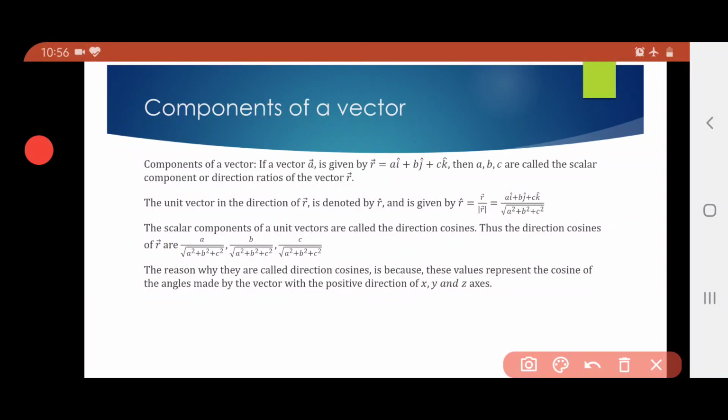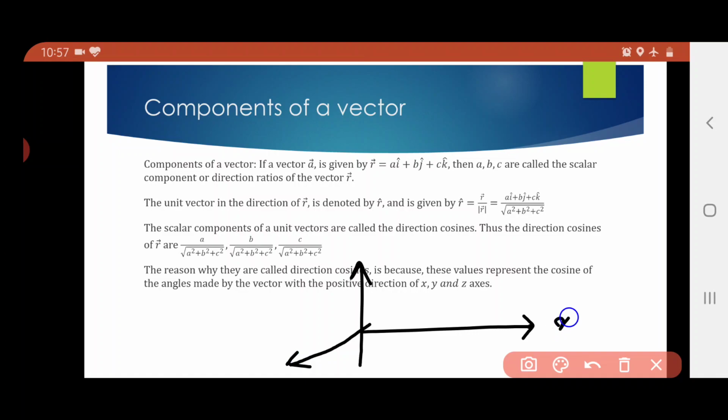Say I have this axis, so this is your x axis, this is your y axis and this is your z axis, in whichever orientation you draw, and I have this vector, the r vector.